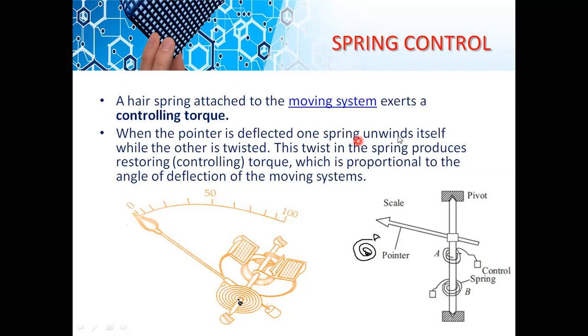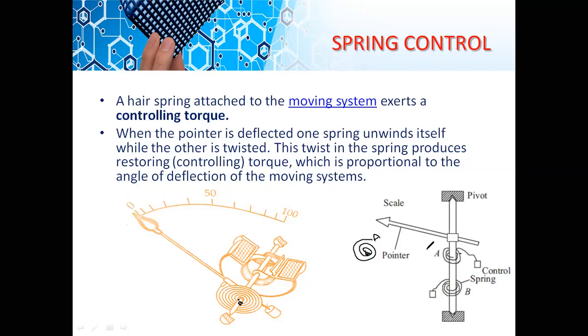One spring unwinds itself while the other is twisted, which means that the two springs are wound in opposite manner. Both of the springs are wound in opposite manner.